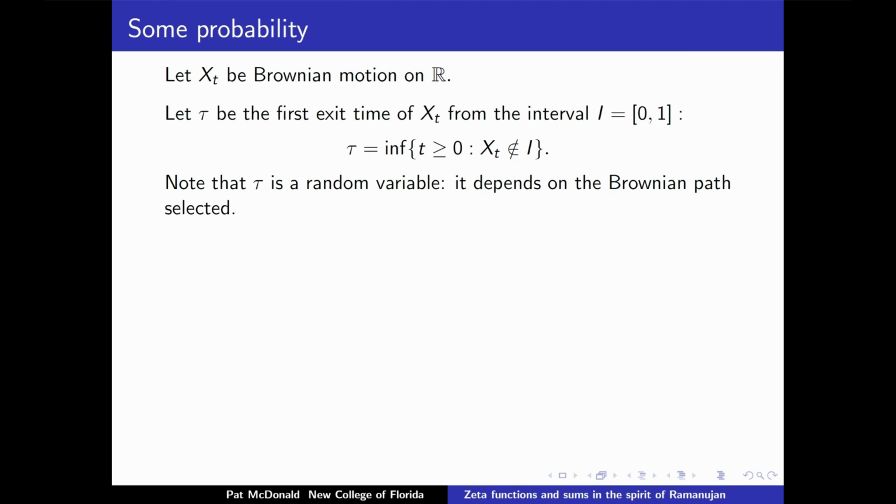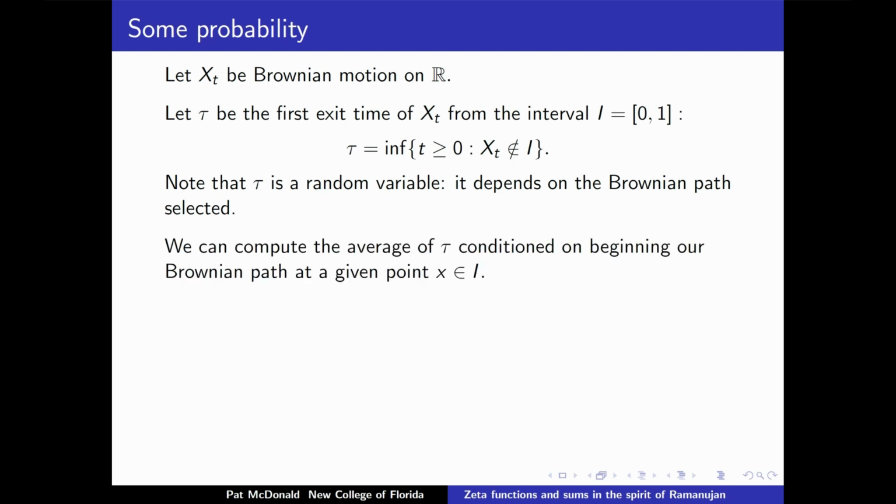Now, I want to build a number out of that. So to do it, I just compute the average, given a starting point. And Brownian motion is really a collection of curves and a family of probabilities that allow you to do things like this. You can build averages.